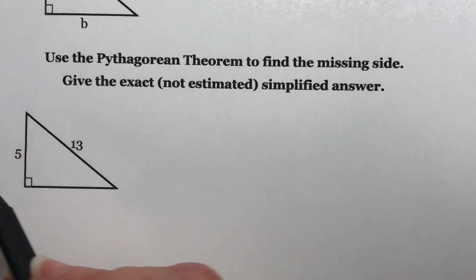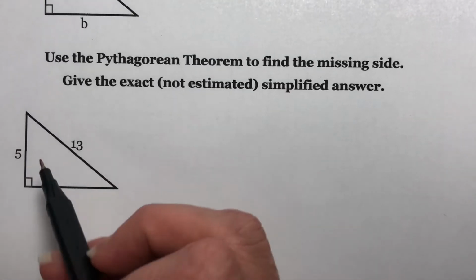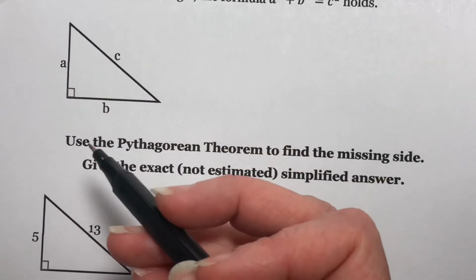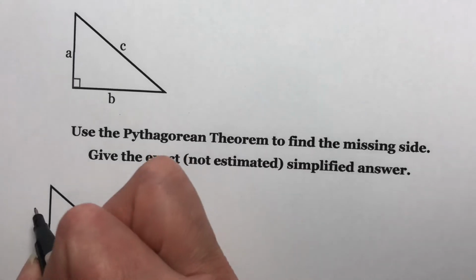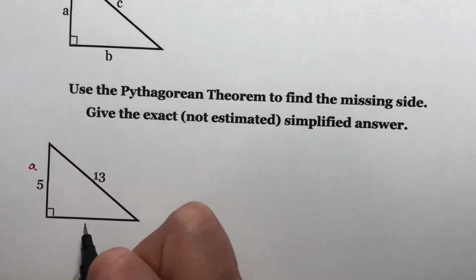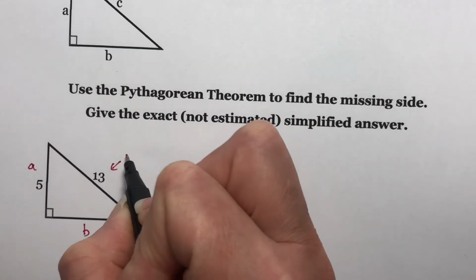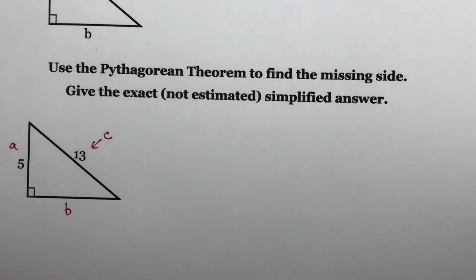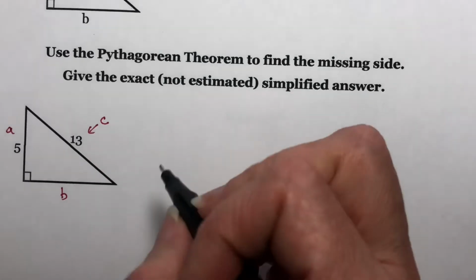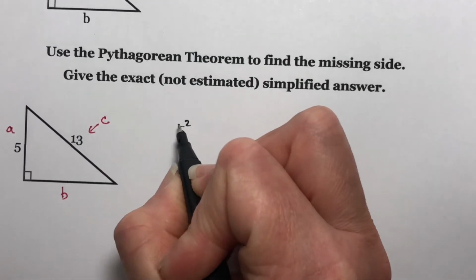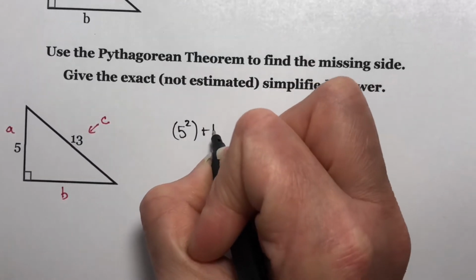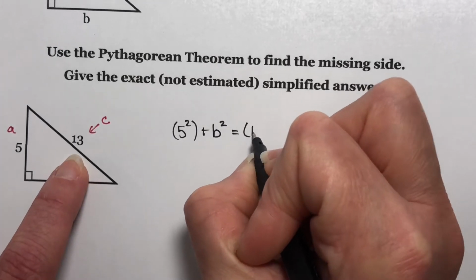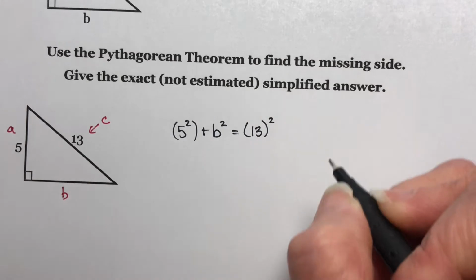So let's look at this one and figure out what we have missing, okay? I have one of the two legs missing, and just because it matches this and for no other good reason, I'll call this one A, this one B, but this one is definitely C. I could have switched these two, okay? So I'm going to plug these into my formula. A squared plus B squared is equal to C squared, so 13 squared.